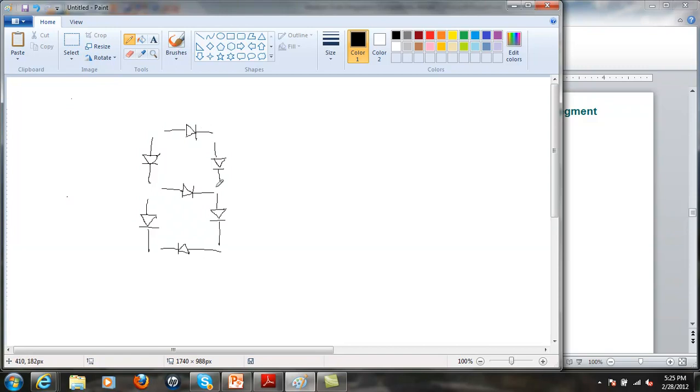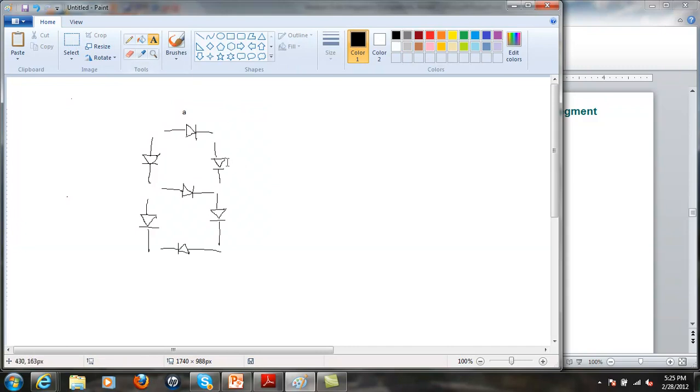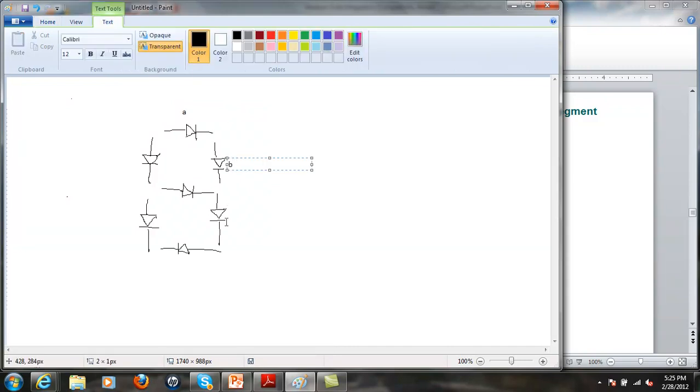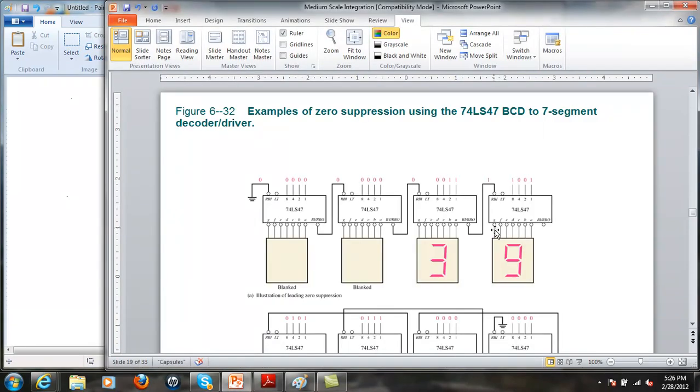So if I turn these on, I can create, for instance, a 3 if I turn these on and leave these 2 off. And the nomenclature that's used is, this is A, and this is G. So these are the 7 segments, A through G.